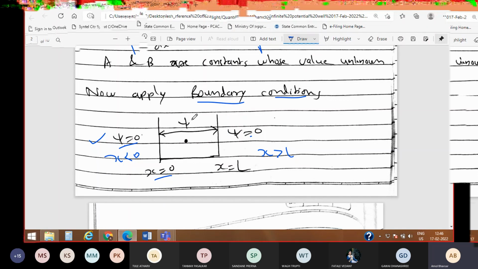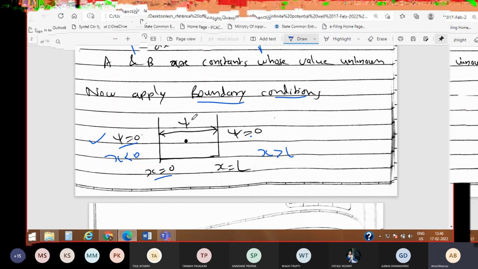If this KL value becomes 0, then what happens? Your whole function becomes 0. If you take this KL value here, if this value becomes 0, then your whole psi becomes 0, okay. So this should not happen.